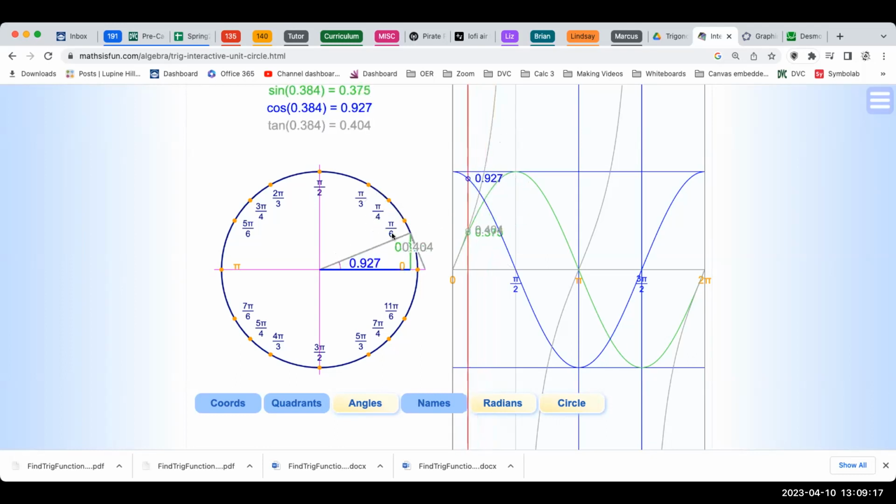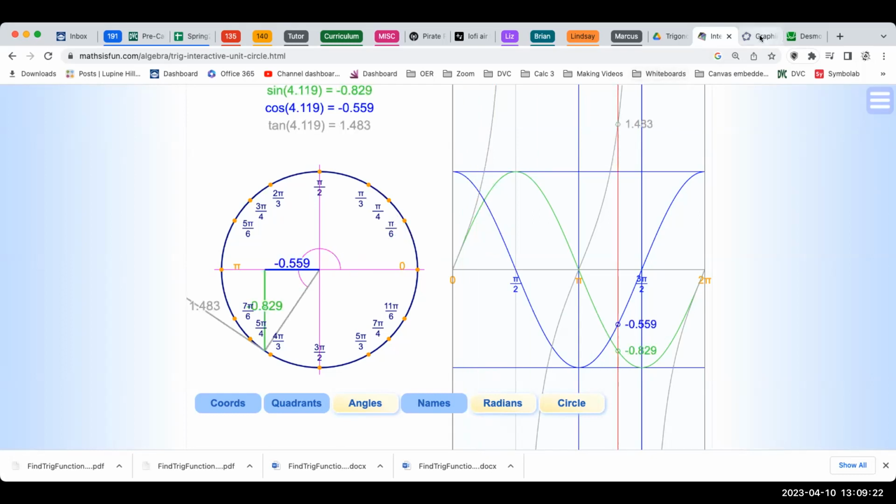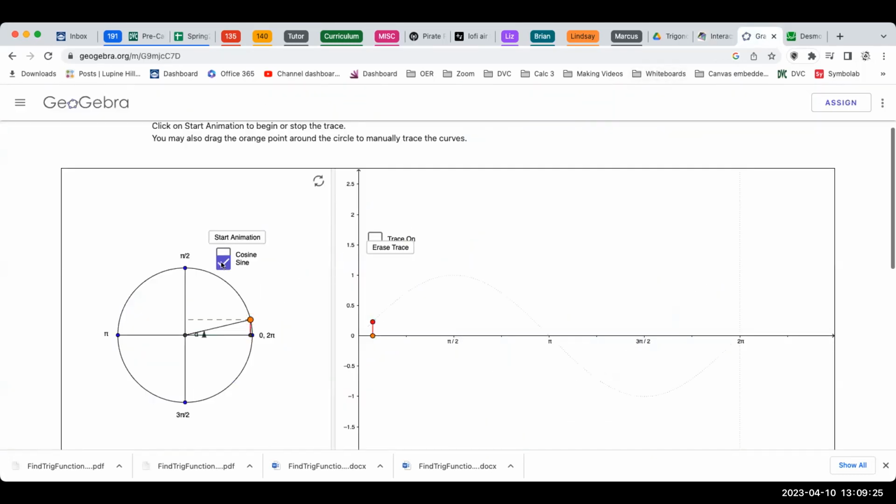So what's happening is, for sine, because sine is inputting angles and outputting numerical values, right? As I rotate around the unit circle, at this angle, that's corresponding on the angle axis to that angle right there.